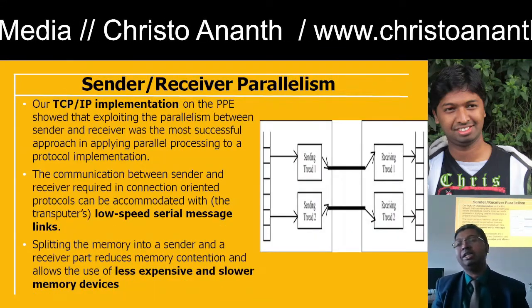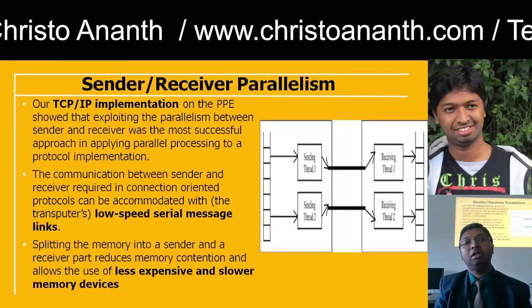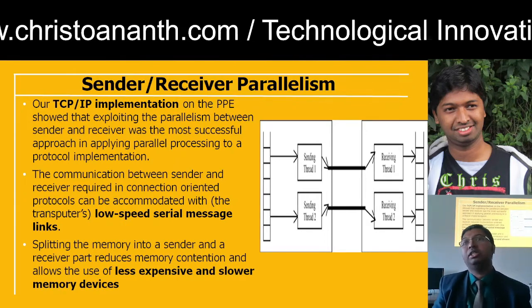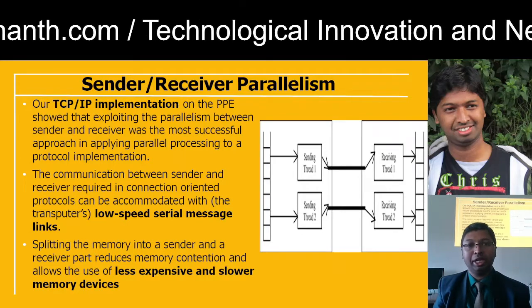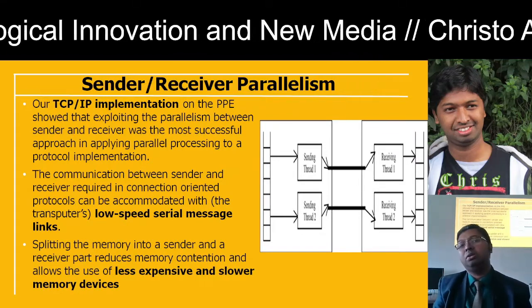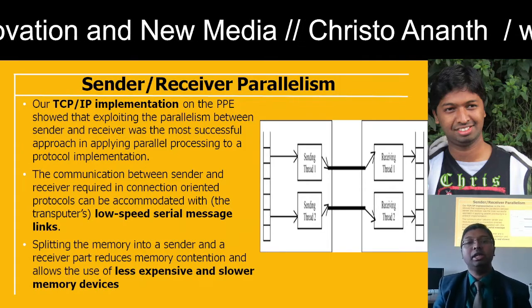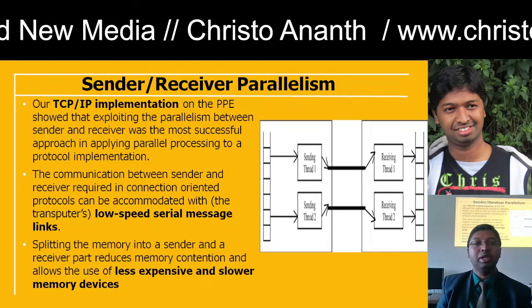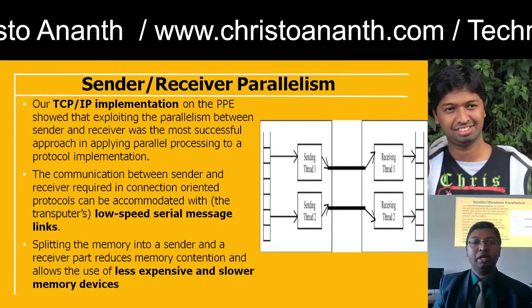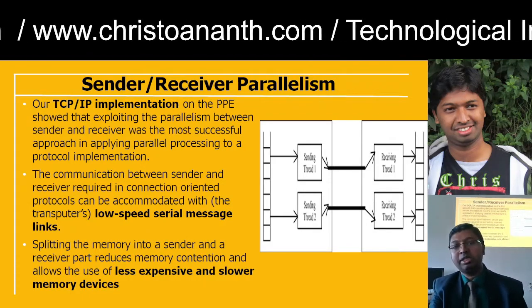As I told you, parallelism is very much important. So our TCP as well as IP implementation for this parallel protocol engine should have a parallelism concept between the sender and the receiver. If you implement that, then you can improve the speed as well. And here the communication between the sender and receiver can be accommodated with low speed serial message links.